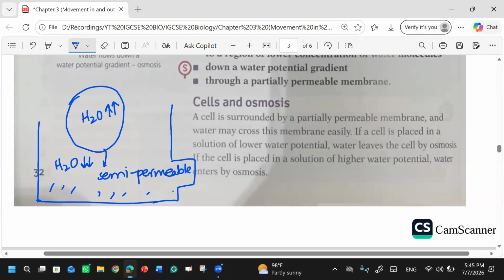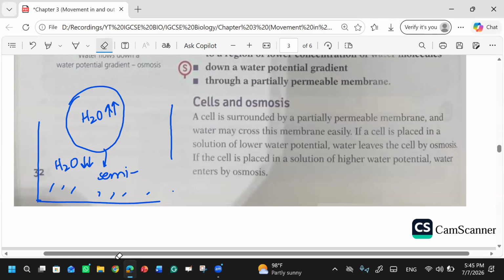Now, can you tell me what will be the movement of water particles, from cell to the solution, or from solution to the cell? I'm saying in the cell water potential is more, while in the solution water potential is less. So, can you tell me what will be the movement of water to make it the same for equilibrium?